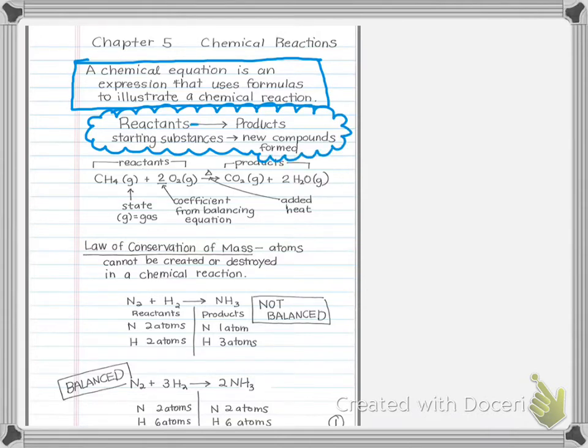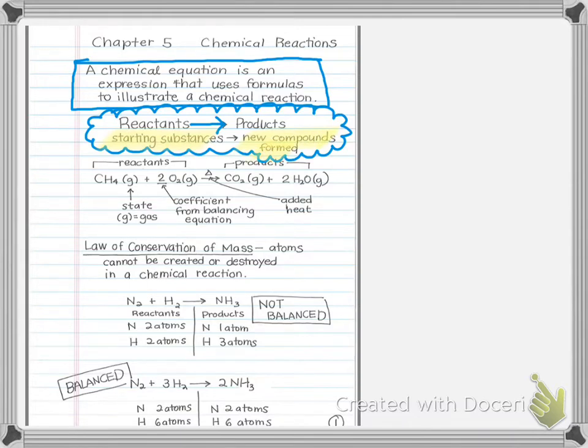And then we have this arrow here in the middle, and the arrow indicates to us that a process is occurring, something's being made or formed or something's happening, and then we make products, which are the new compounds formed. So you can see we start with our starting substances on the left-hand side of the equation, called the reactants, and then on the right-hand side of the arrow we put our new substances that are formed, and those are called our products.